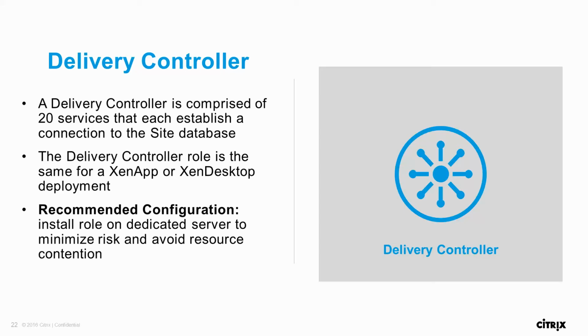The recommendation from Citrix is that the delivery controller should run on a separate machine to avoid resource contention. The delivery controller is just brokering the connections and optimizing load balancing, managing both XenApp and XenDesktop. If you install additional roles like StoreFront, Director and License Server, that will overburden the delivery controller.